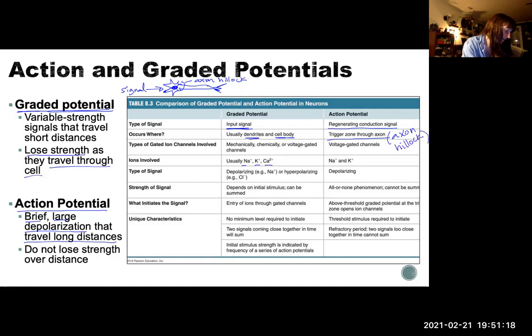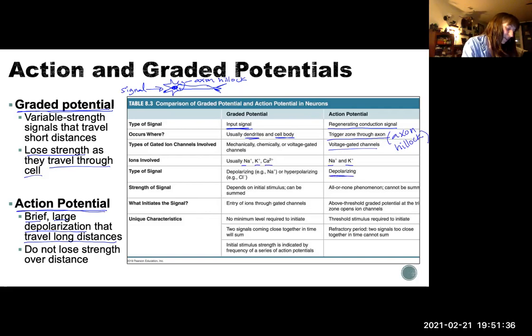Okay. These signals come from, and the signal of an action potential is sent via voltage gated channels, specifically using sodium and potassium, as we've already discussed.